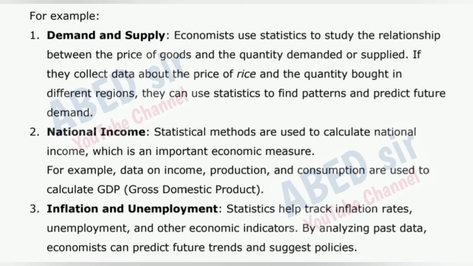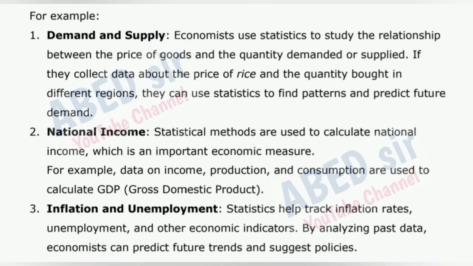2. National income. Statistical methods are used to calculate national income, which is an important economic measure. For example, data on income, production, and consumption are used to calculate GDP, gross domestic product. 3. Inflation and unemployment.